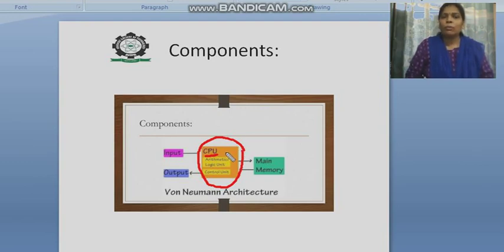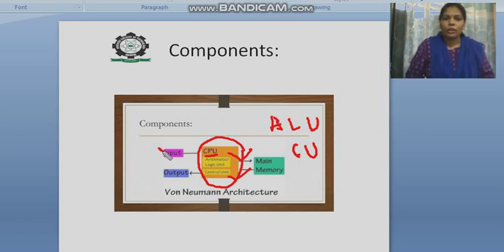In this unit, these are the two main components: arithmetic logical unit and control unit. Arithmetic logical unit in short form we write as ALU, and control unit we write as CU.